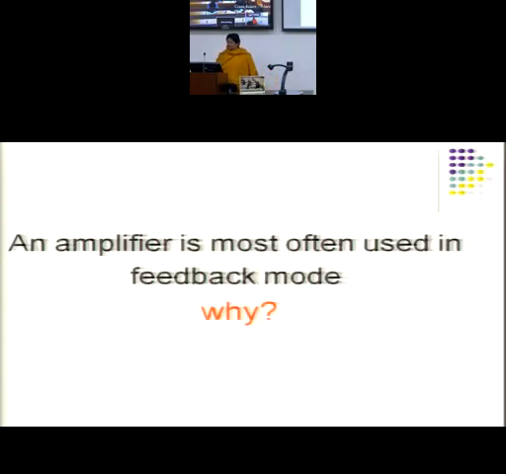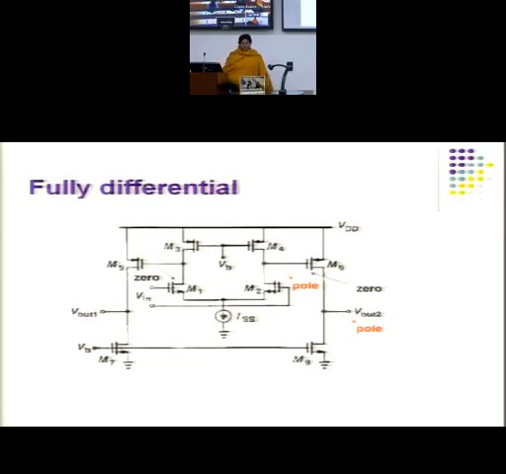You have to speak in the mic. Why are we not considering a pole at the source of M1 and M2, which is connecting to the current mirror? You can consider it, as I told you. Normally these go to high frequencies, but as I said, you find the time constant at this node.